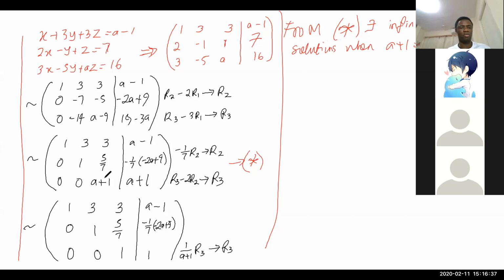So when a is negative 1, you're going to have 0, 0. And that is one of the echelon forms for infinitely many solutions. Does this make sense, please?